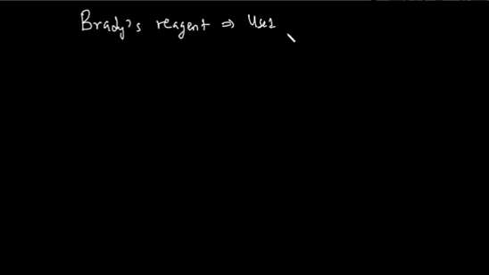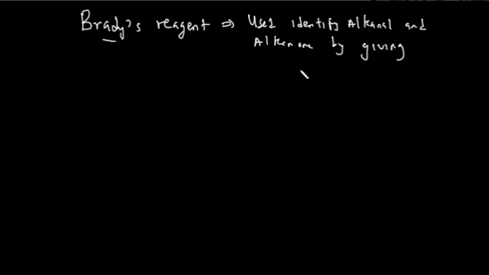But when you want to show if it is either an alkanal or an alkanone, any one of them, you use Brady's reagent, by giving a yellow coloration. Okay? Done?